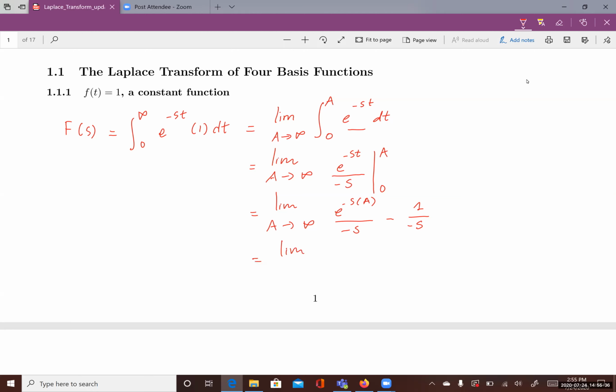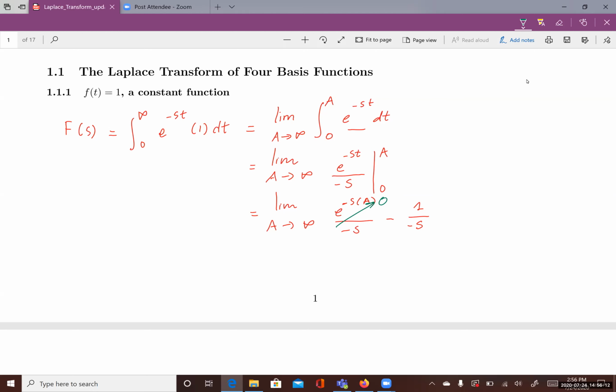Still limit as a goes to infinity. At this point, I think you can find the limit when a goes to infinity. E to the negative s a will go to 0 because you have a negative exponent here. So I can evaluate this limit now, right? Because a goes to infinity and e to the negative infinity goes to 0.